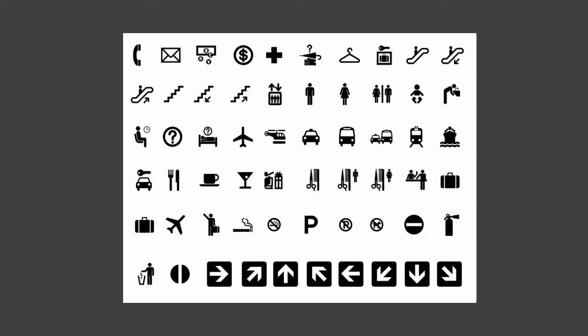Produced through a collaboration between the AIGA and the U.S. Department of Transportation, they are an example of how public-minded designers can address a universal communication need. So initially the committee studied and standardized dozens of symbols like elevators, stairs, mail, telephones, and Dreyfuss was one of those people on the committee.